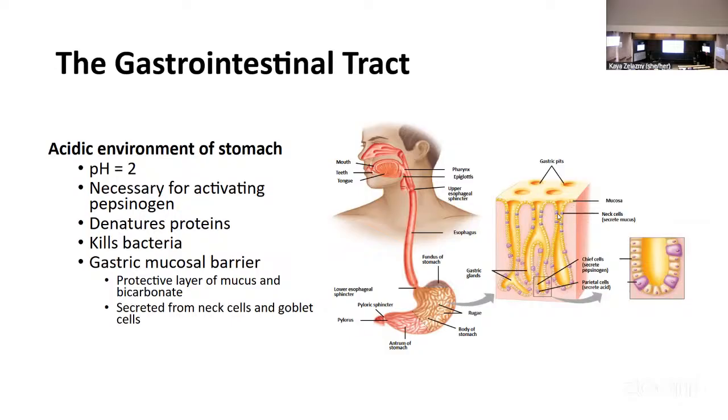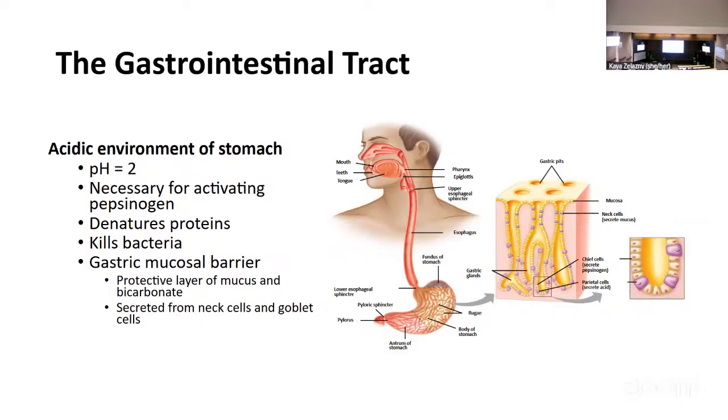So we just mentioned that the neck cells are secreting mucus right at the top here of the gastric pits. Right. We also have a continuation of the mucosa along basically all the tissue, the inside of the stomach. And so that's continuing to secrete mucus, and we're also secreting some bicarbonate here. So we've got this mucus mixed in with bicarbonate.